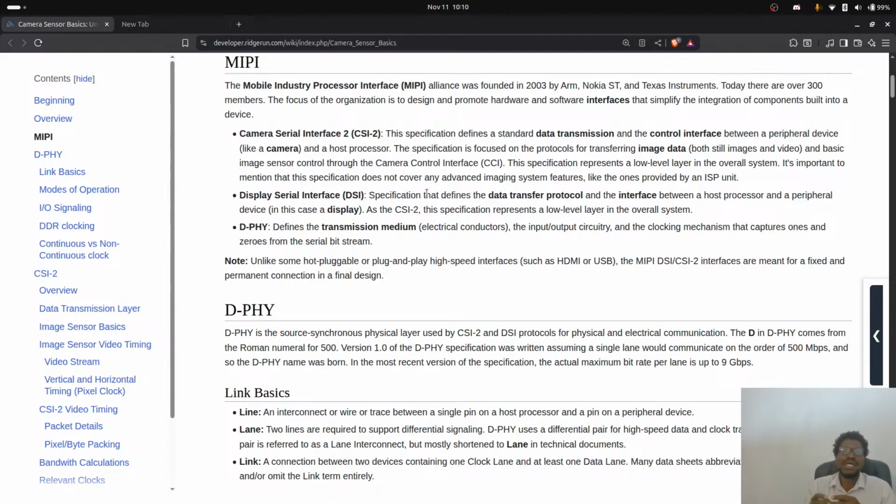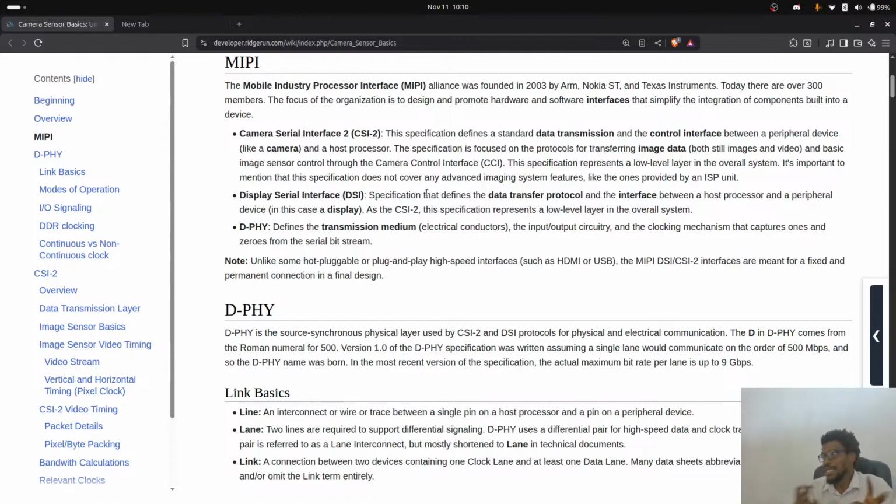Okay, so what does the MIPI standard involve? At the very basic level, it involves connections. So the physical connections between the camera or the image sensor and the processor, which is called the PHY.